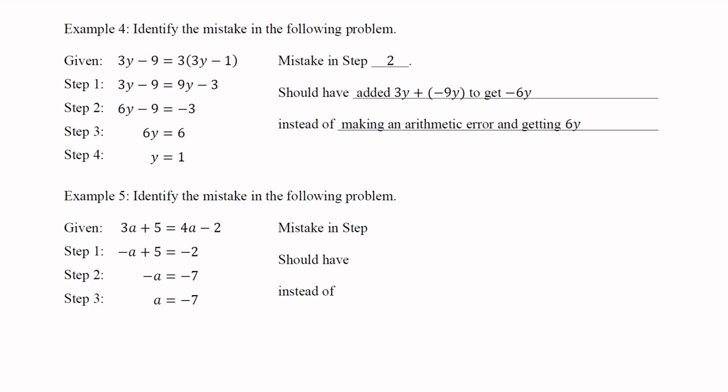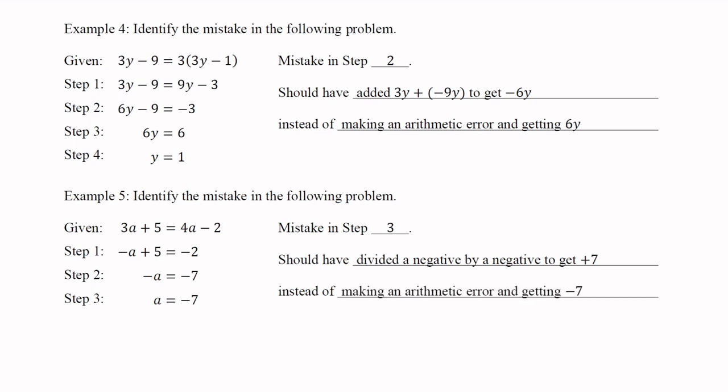We get negative 2 minus 5 gives us negative 7. So step 2 looks good. And then we're going to divide each side by negative 1 or multiply each side by negative 1. And that's where our error is. Step 3, we should have divided by a negative to get positive 7 instead of making the arithmetic error and getting negative 7.